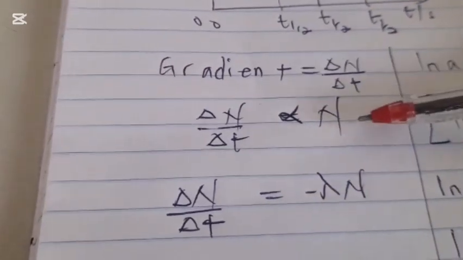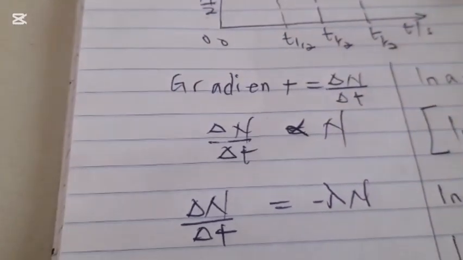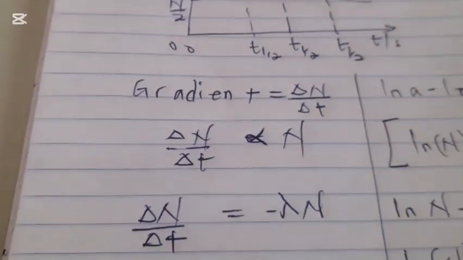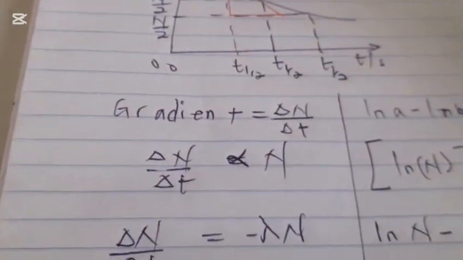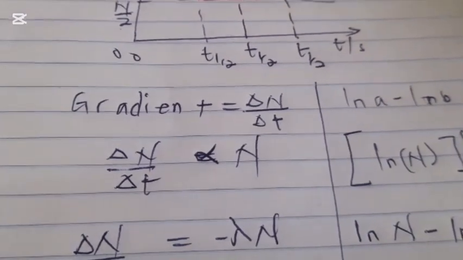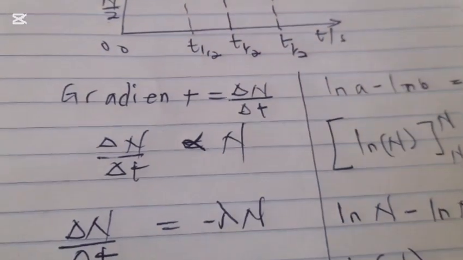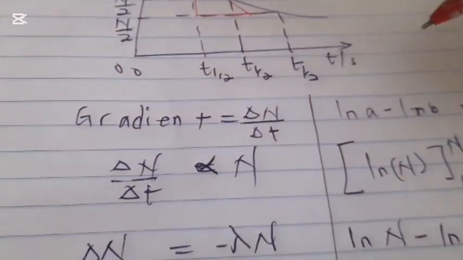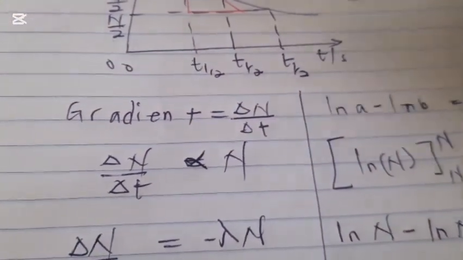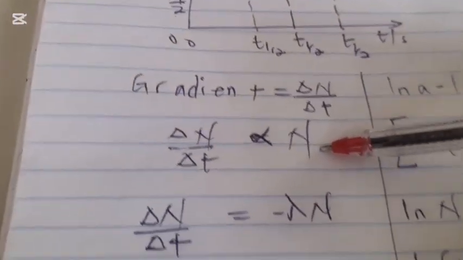Now the thing is decaying, so it is a loss, and a loss in mathematics is negative. So change in N over change in t is a loss. It's directly proportional to the number remaining, that is the N here.